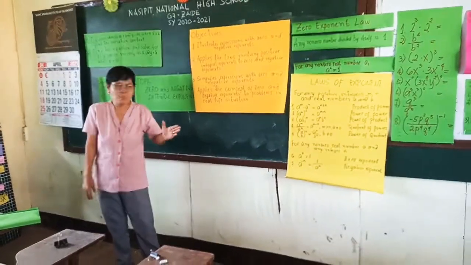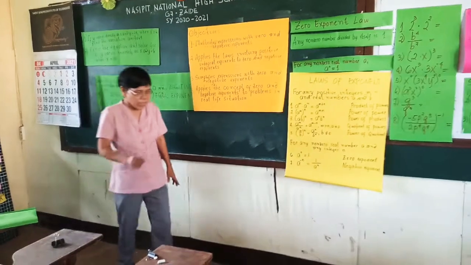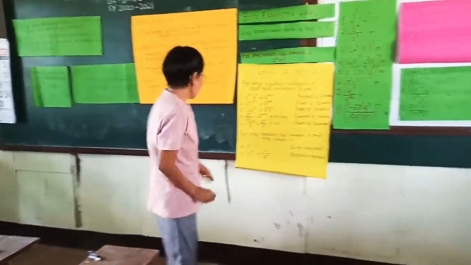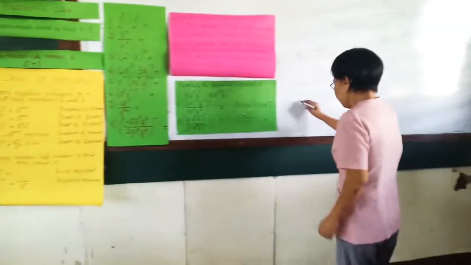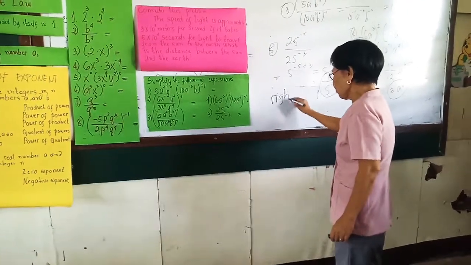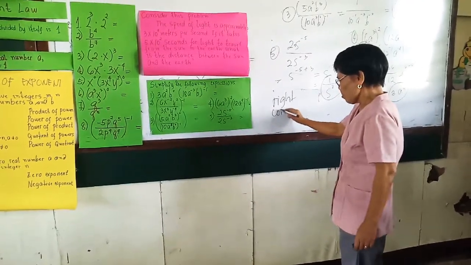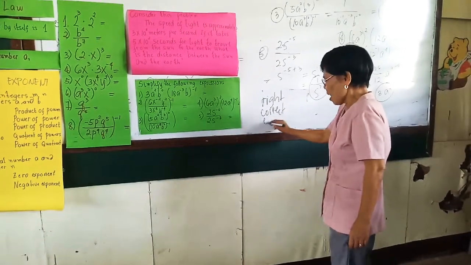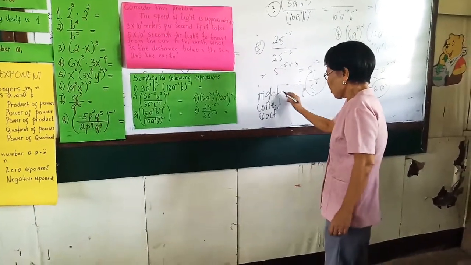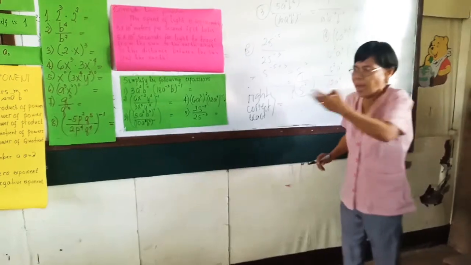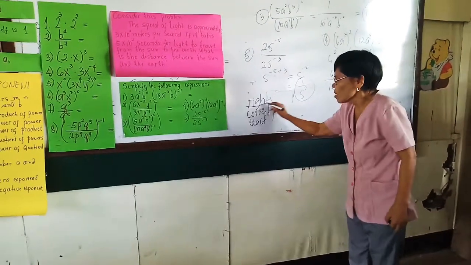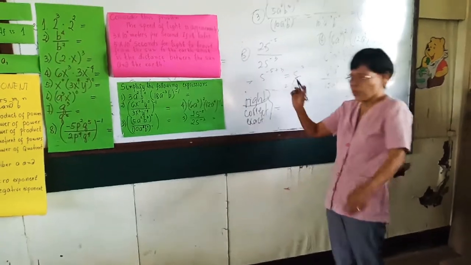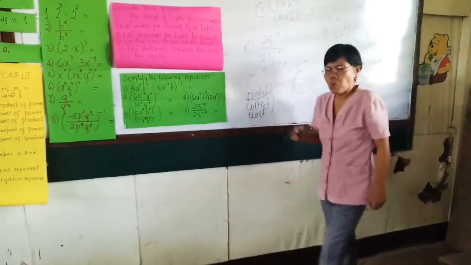That is the meaning of accurate. Okay, so let us use this word: right, correct, and exact. So how would you apply these three words?